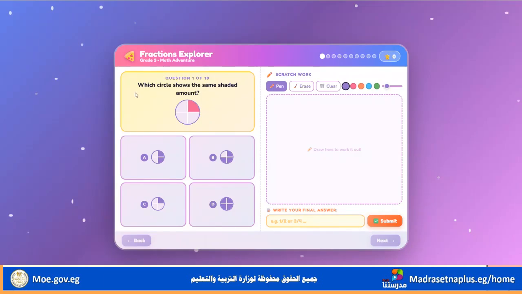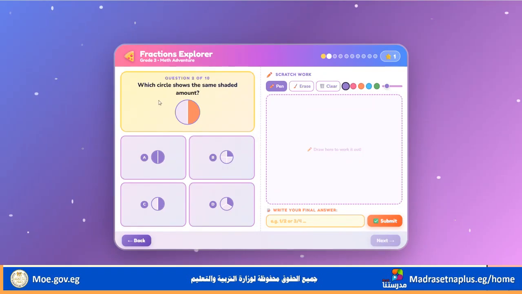Which circle shows the same shaded amount? This is not similar to that one. Yeah, letter C, a fourth. So let's click 1/4. Yes, we got a star.